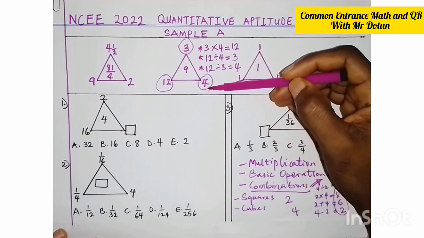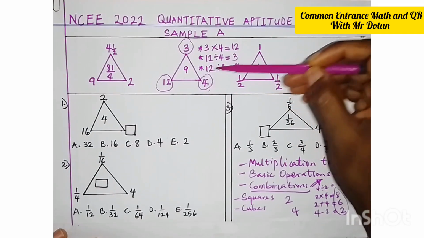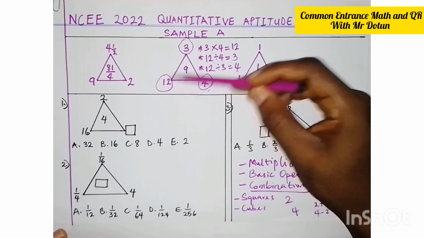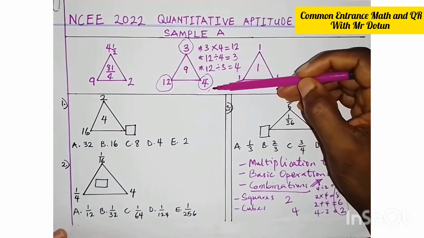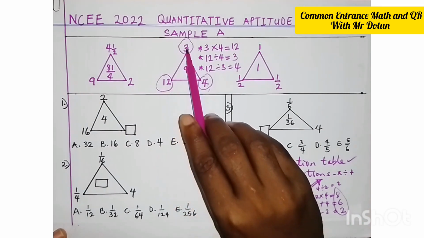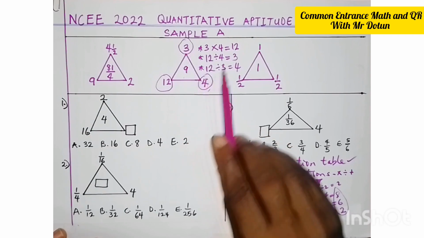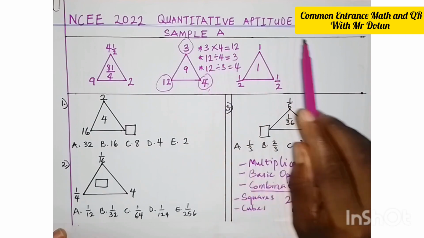We do this pot divided by this pot, 12 divided by 3. Anything in this other position, we do this pot times this pot, like we've done here, 3 times 4.